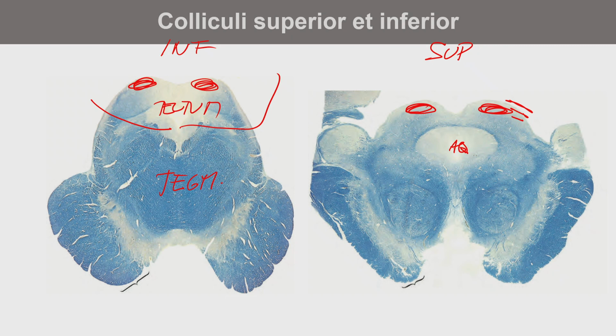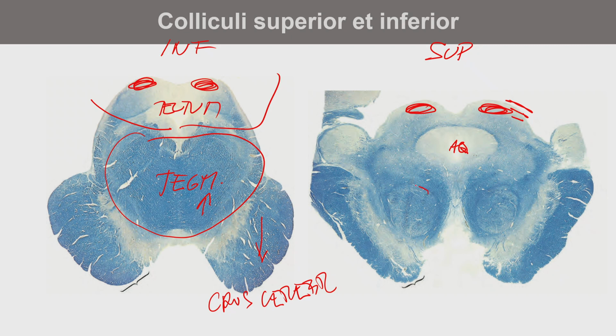So, in the tegmentum, in the lower part of the mesencephalon, you can see large bands. Those are cross-sectioned bands which are mainly going upwards. This is crus cerebri, and here are descending tracts.